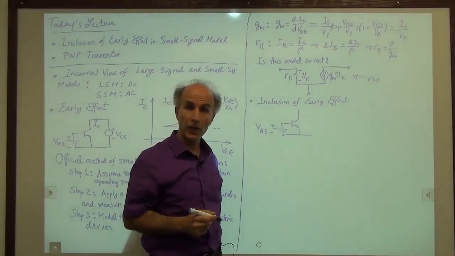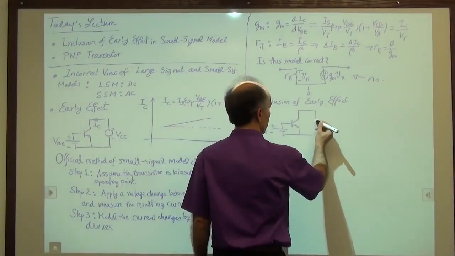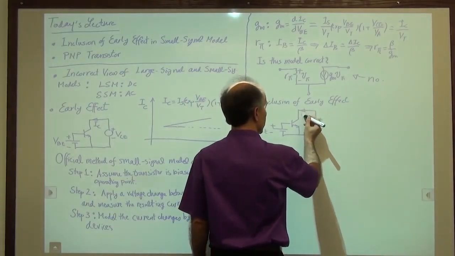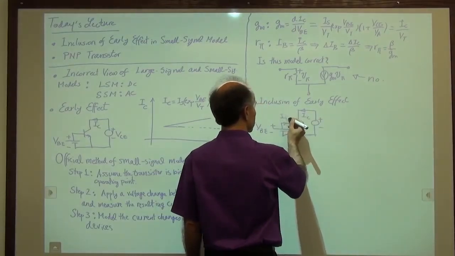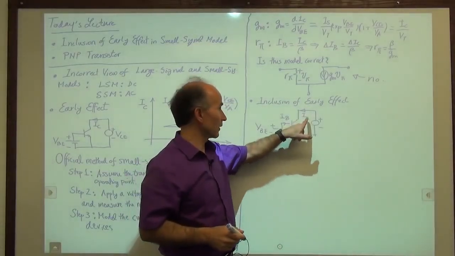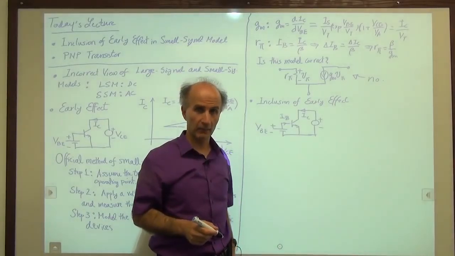And now I change the collector emitter voltage, and we would like to see what happens to these currents, IC and IB. And IE as well, but we usually assume IC is approximately equal to IE, so that's not a big deal.